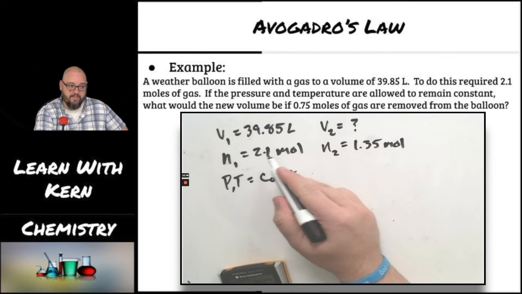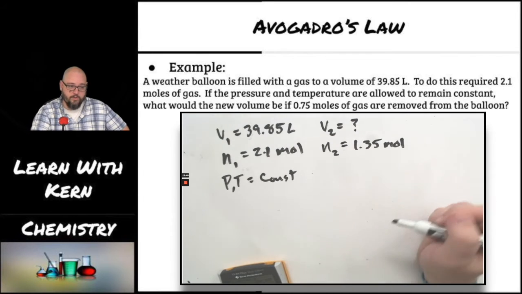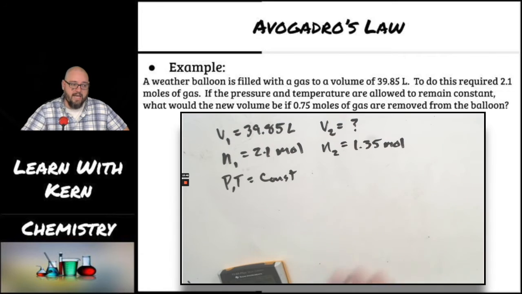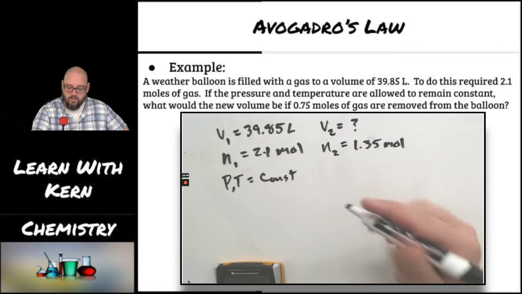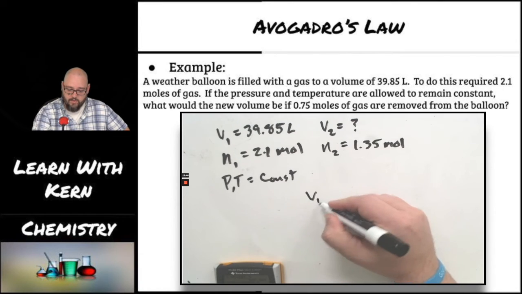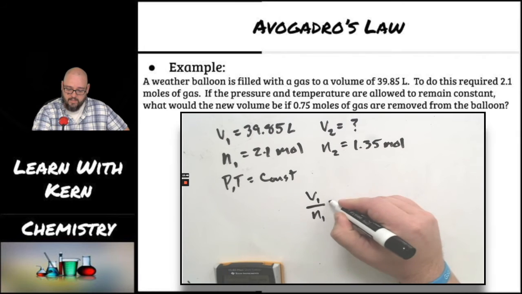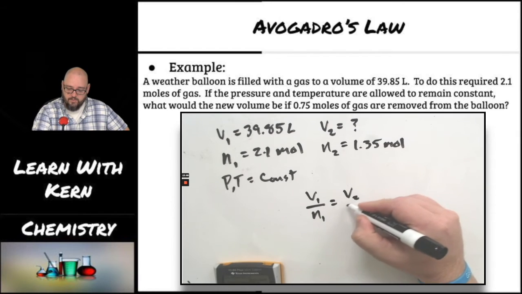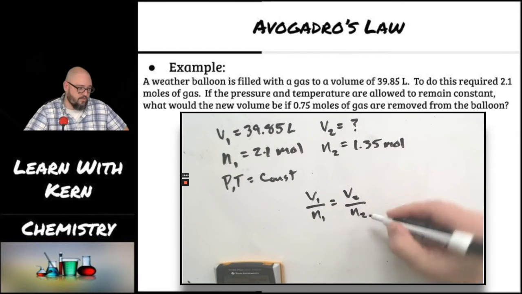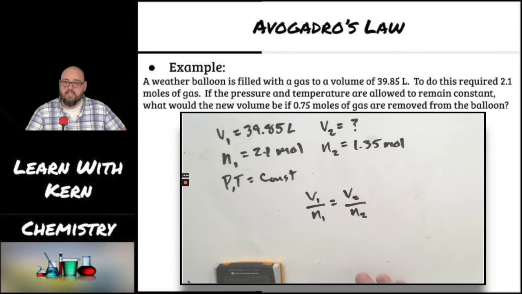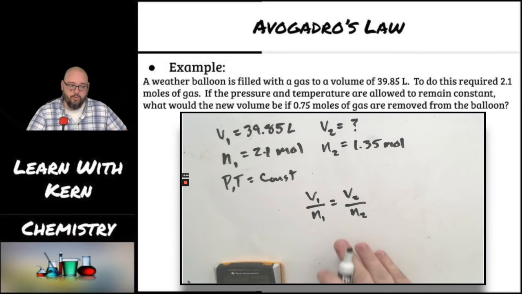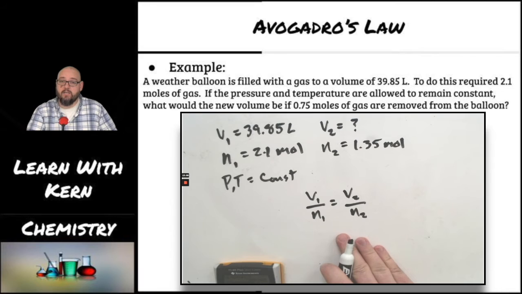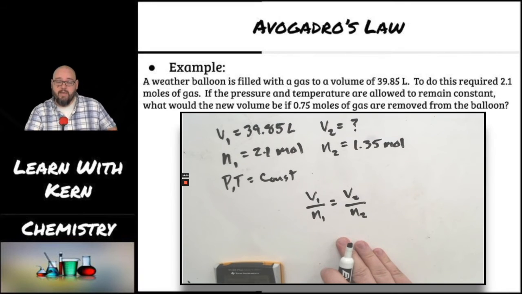Now, the Avogadro's law equation is V1 divided by N1 equals V2 divided by N2. And this is simply a proportion.